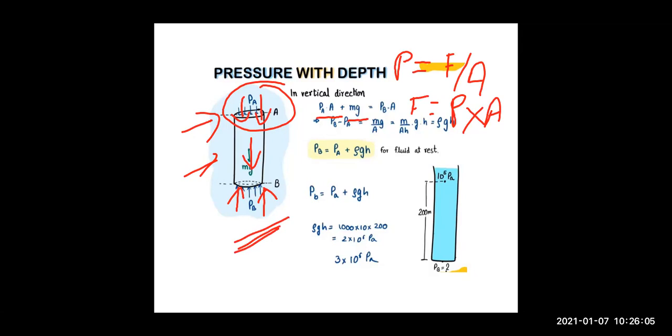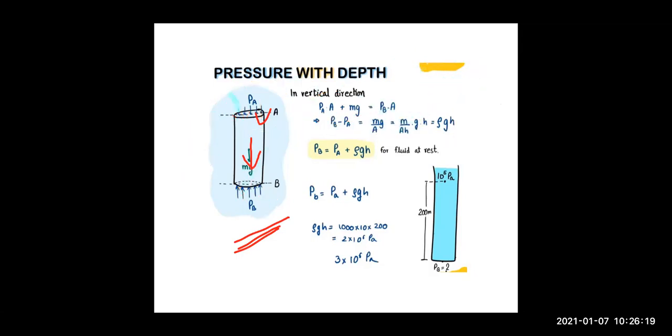So pressure is PB and area of the base is A, right? So this is your total downward force, this is your upward force. So total downward force is equal to total upward force as the fluid is at rest, right? The resultant vertical forces will balance each other, right?